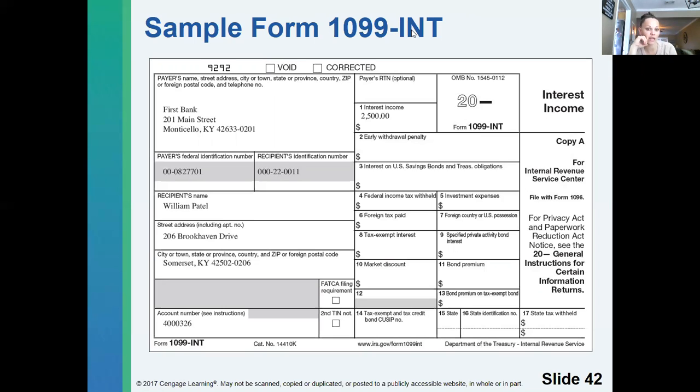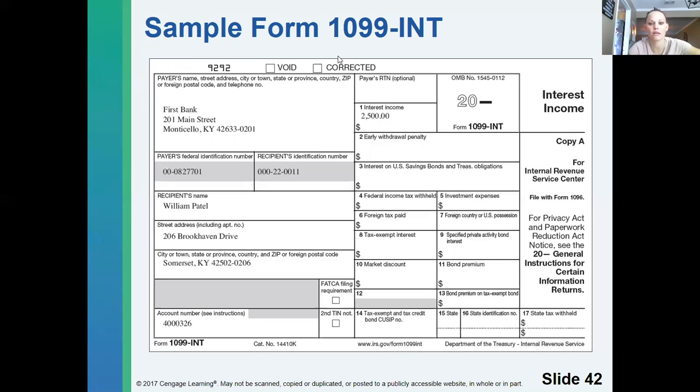So if you earned interest on something like stocks or something else, then you would get one of these. Also, if you pay interest on student loans, you're going to get something like this saying how much interest you paid on those loans. And those all get reported on your tax return.